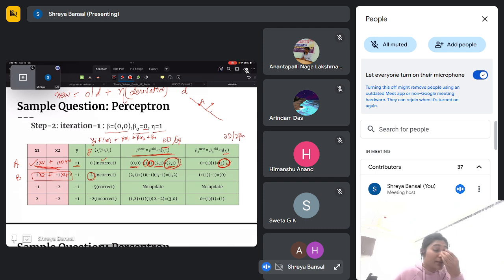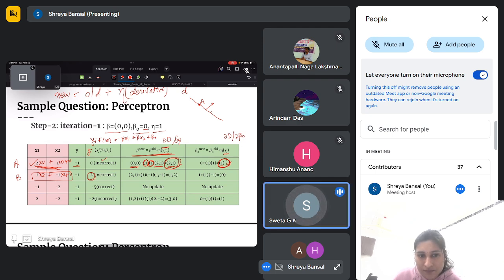Now you will say, ma'am, how is this incorrect, this is positive. Because while making this slide, I am just using the function value. I am not multiplying it by y. So if you multiply it with yi, the signs are opposite and it means it is incorrect. It should give you a minus value, but it is not giving you a minus value. Okay? Is that clear?